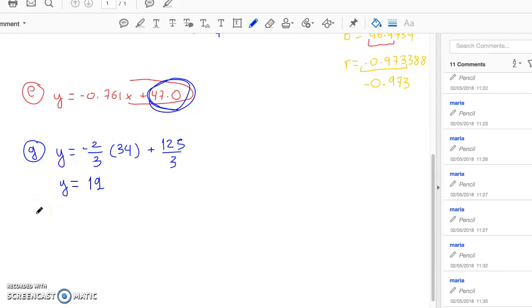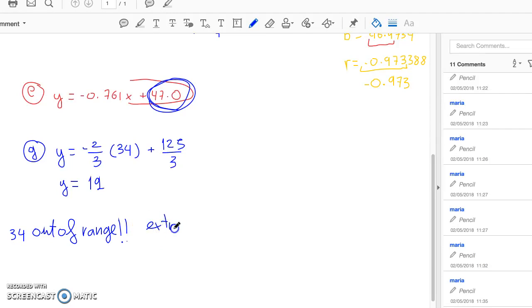The last question is, why is this 19 points not reliable? Well, because it's out of range. What's out of range? Well, the 34 is out of range, not the 19. How do we call what is out of range?